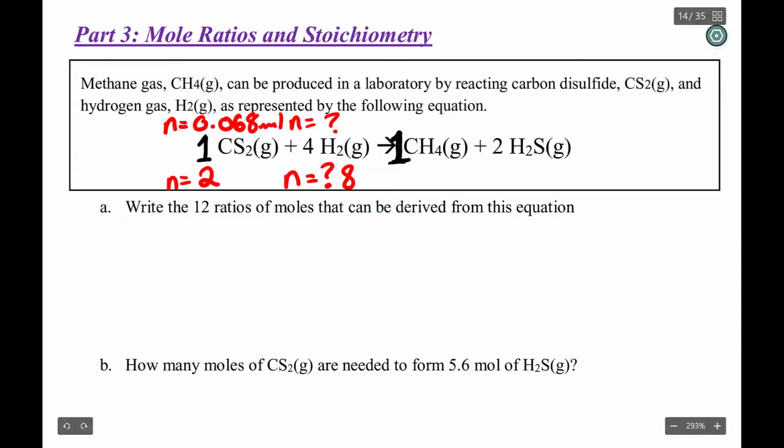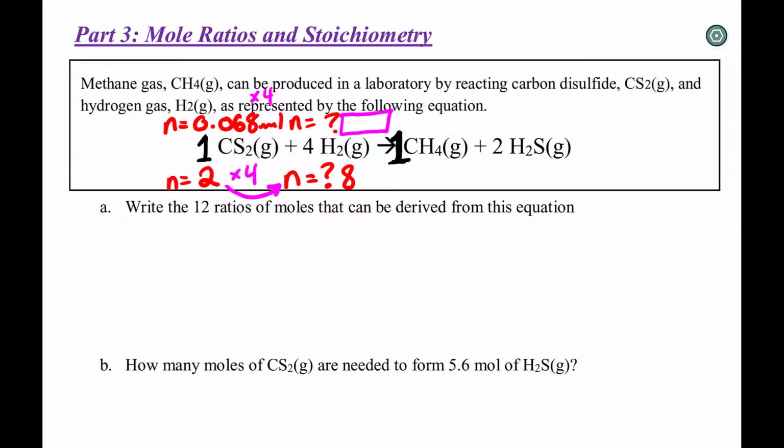When I wanted to go from 2 to 8, I really just said this is a 1 to 4 ratio. I'm multiplying by 4. When you see 0.068, you might not see that connection that, hey, all I'm really doing is multiplying this by 4, because that's all you would have to do. You'd really just have to multiply that by 4, and you would know the number of moles that you would need to react with it.